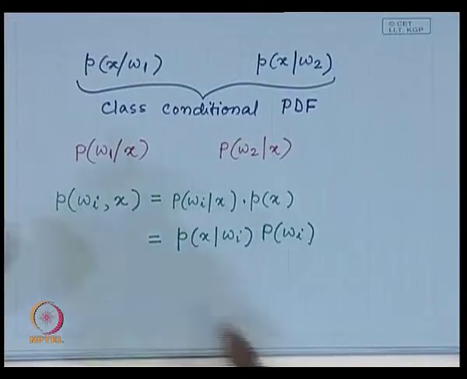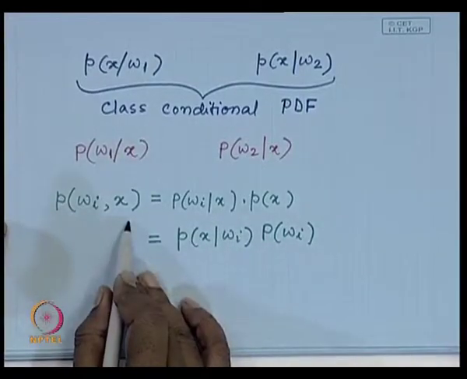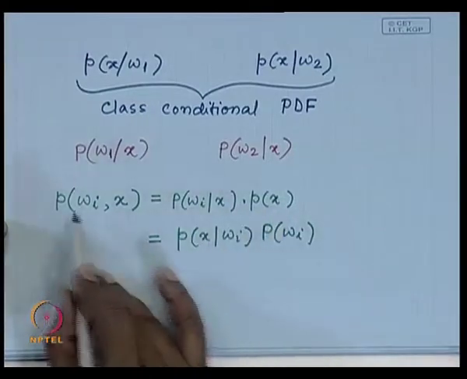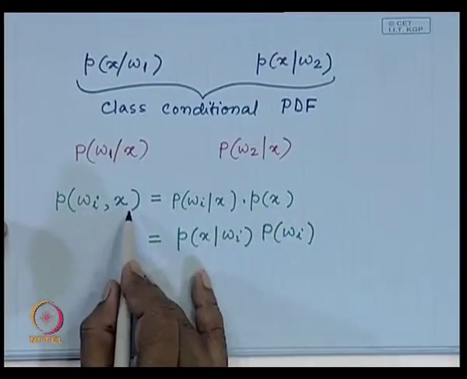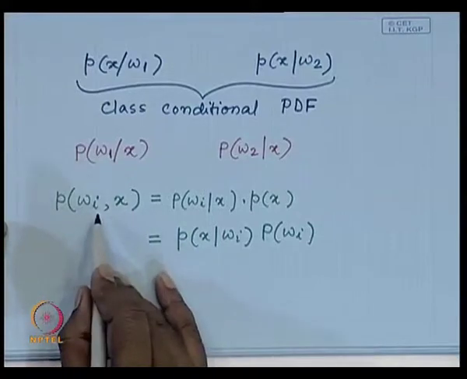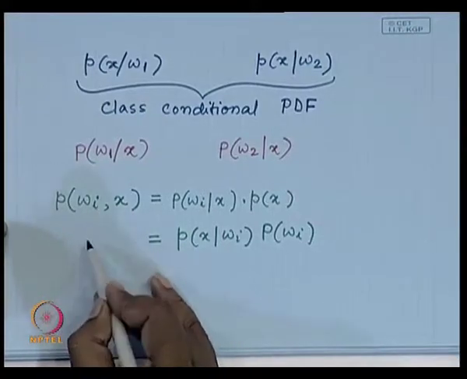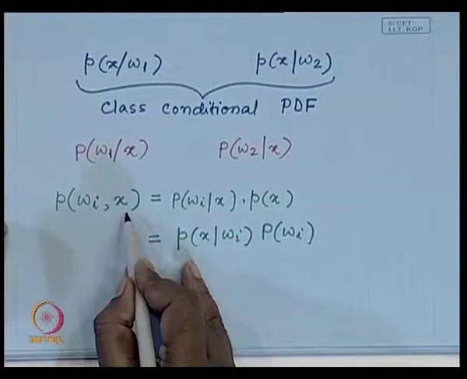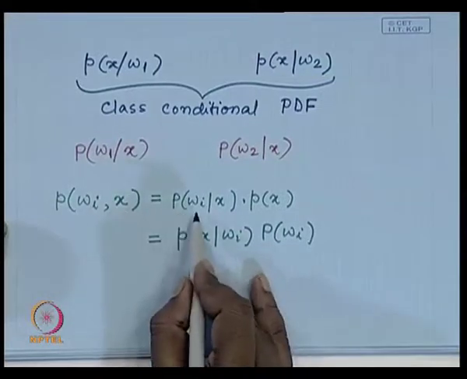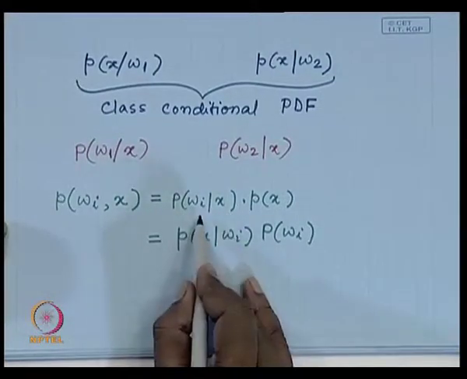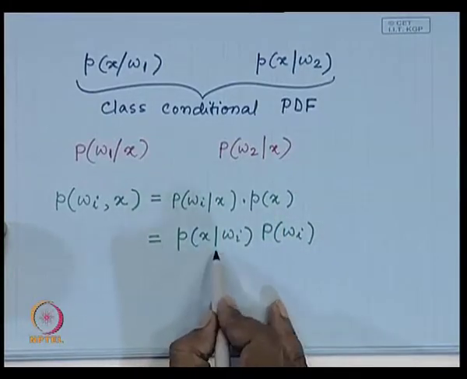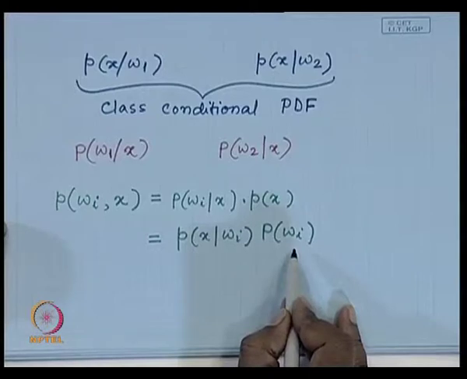So, this joint probability, that an object is taken from class omega i and at the same time has a feature x, is nothing but p of omega i given x, that is the conditional probability, into p of x, which is nothing but p of x given omega i into p of omega i.